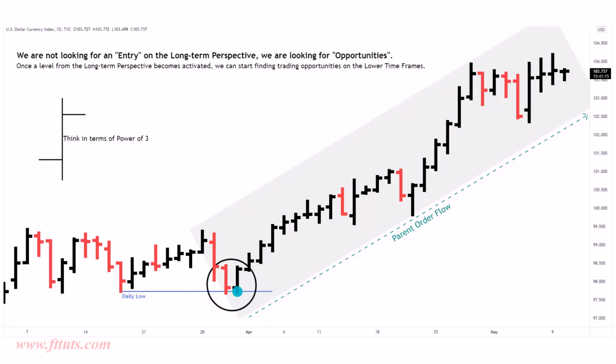Then once parent order flow gets activated, look at the power 3 for each candle. This makes it very easy for us to day trade, since we only have to wait for price to trade underneath the daily open here, and we're going to be a buyer underneath daily open.